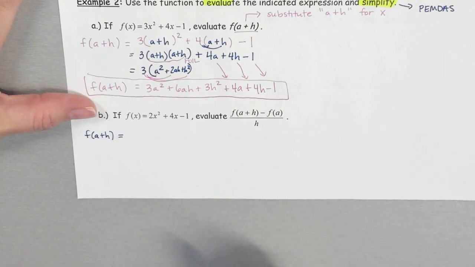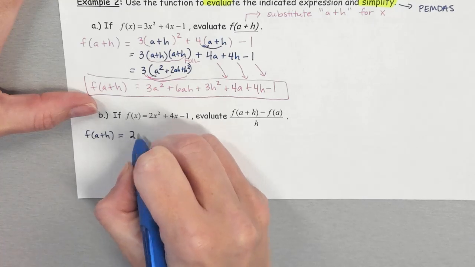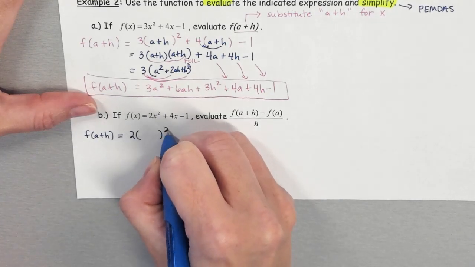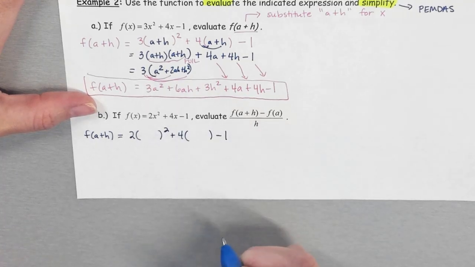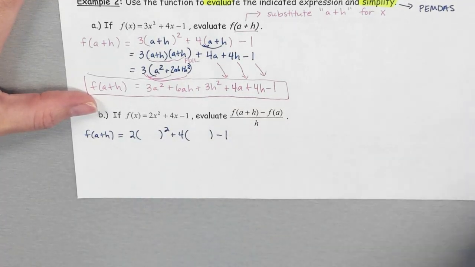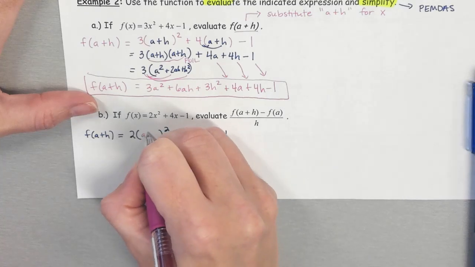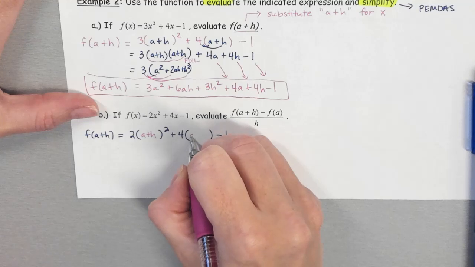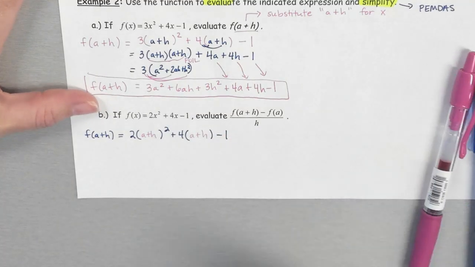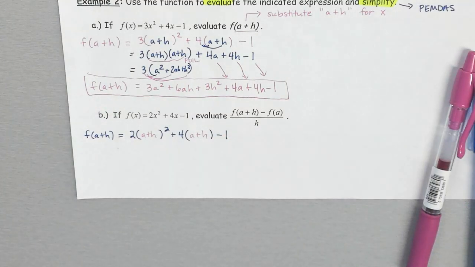I'm going to give you a second to simplify the f of a plus h for this equation. So again, if you want, you can use the same strategy I started with. Okay, so the f of a plus h. All right, and then let's go ahead and simplify that.